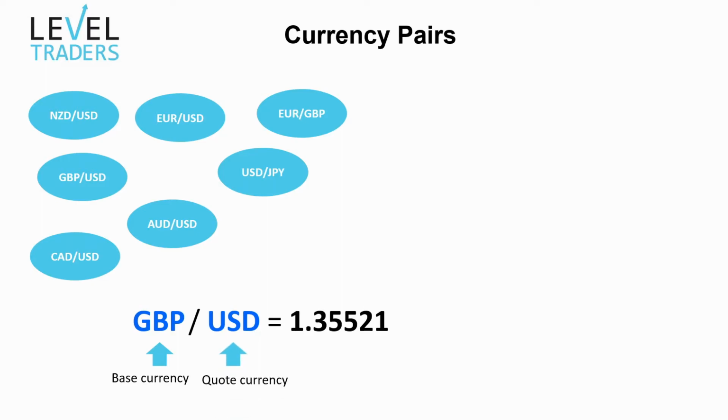The base currency is always equal to 1, and the quote currency is equal to the current quote of the pair, which shows how many of the quote currency it'll cost to buy one of the base. In this example, to buy one sterling, it'll cost me $1.35521. So when you're trading currency, you're always selling one to buy the other.